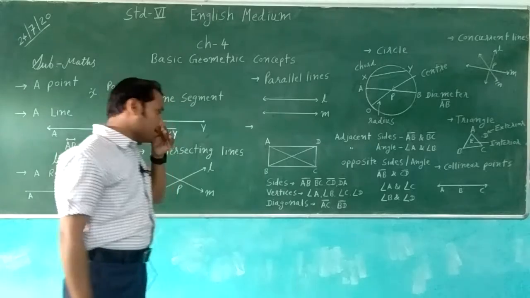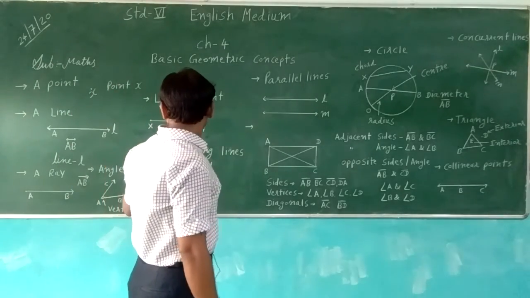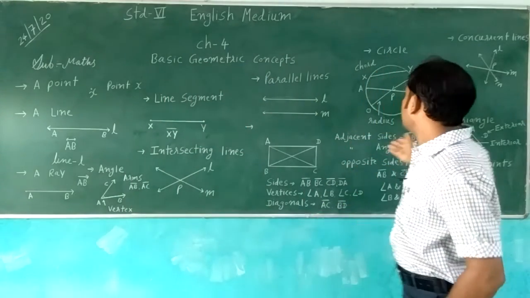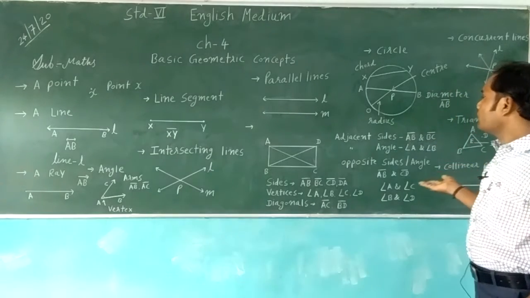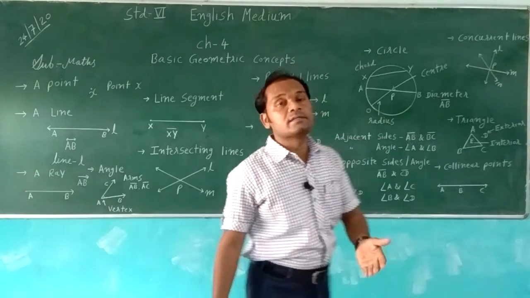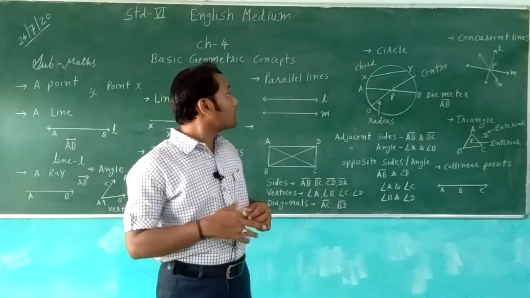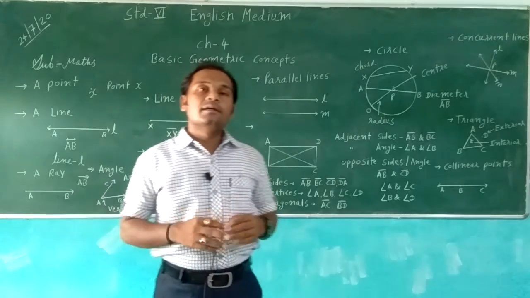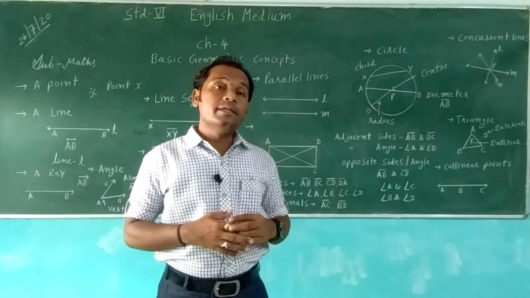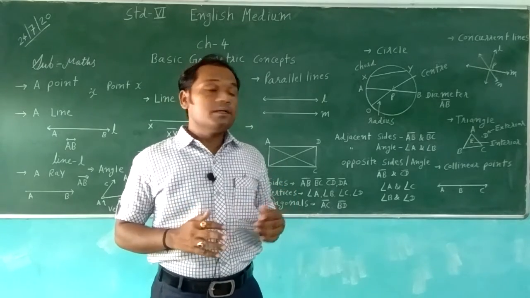Okay? So in short, I hope you understand all these: points, line, ray, angle, line segment, intersecting lines, parallel lines, circle, then the sides, vertices, diagonals, adjacent sides, adjacent angles, opposite sides, opposite angles, concurrent lines, triangle, interior of triangle, exterior of triangle, collinear points, then radius, chord, diameter.